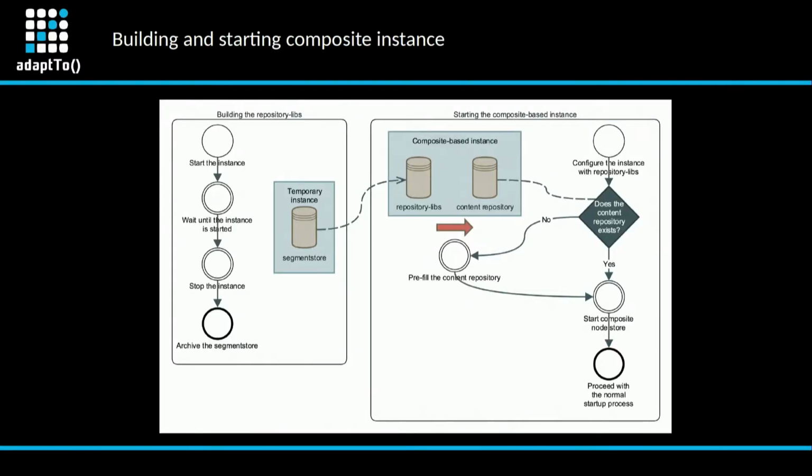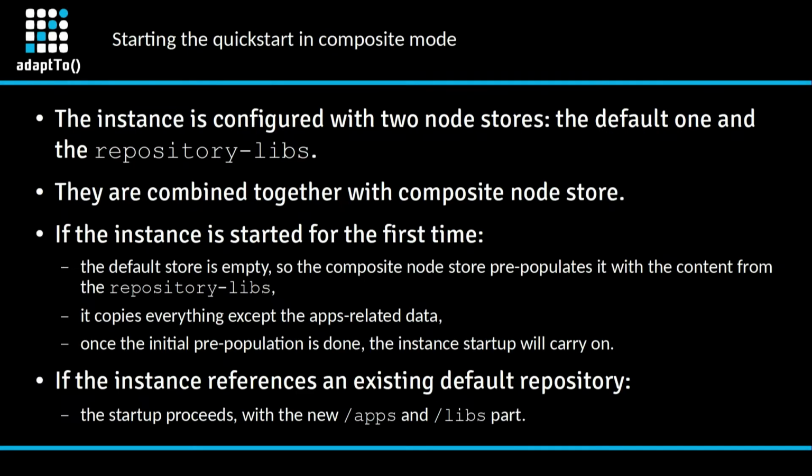Later on, if the content repository is not empty, for example, if we start the same instance for the second time, or if we reference an existing Mongo database, then this step will be skipped. But we need to have some way to do this initial pre-filling for the content repository. Yeah. So I just said this, in case you want to come back to the presentation later on.